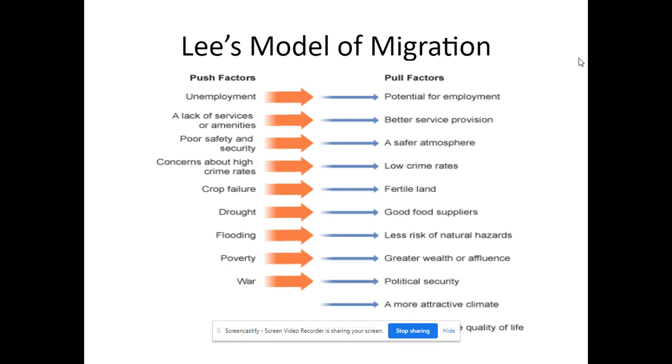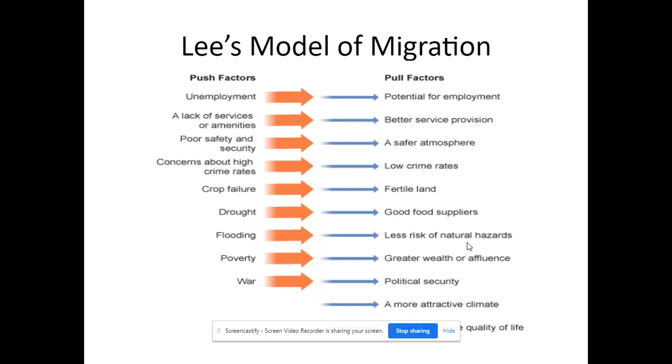So an example of a pull factor would be these things that you are lacking here. You have crop failure, but then you've got food, or you have drought and you've got water, or you've got flooding and I'm not going to die. So would you please write down an example for 1 and 2?